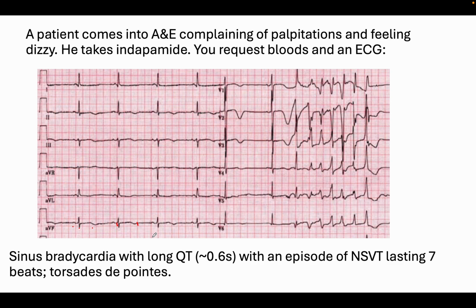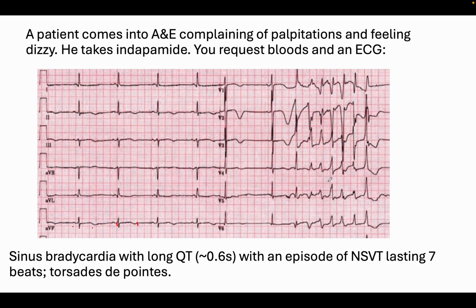And for women, it's anything greater than 460 milliseconds. And generally, anything greater than 500 milliseconds can put you at a risk of having torsades de pointes. In this case, the QT is 0.6 or 600 milliseconds.